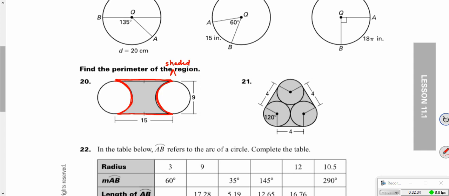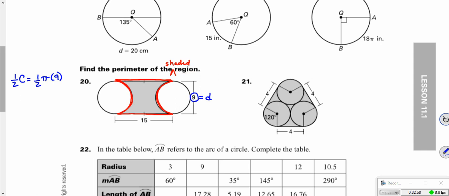Now would you all agree that it looks like the diameter here is 9? So half my circumference equals 1/2 pi times 9. Would you all agree with that?